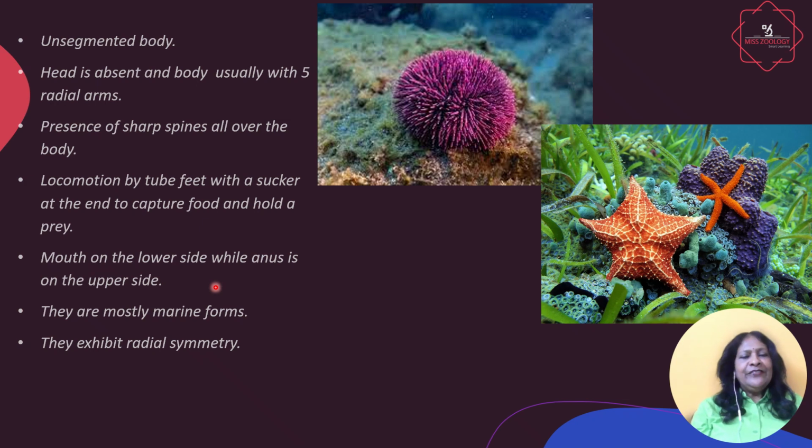Looks a little different as compared to the usual. They are mostly marine forms and they exhibit radial symmetry. That means if you cut one of these specimens from any angle passing through the center, each of them will fall into symmetrical halves.